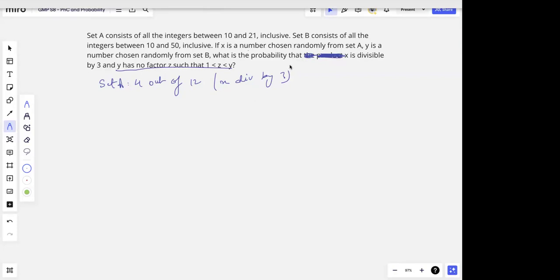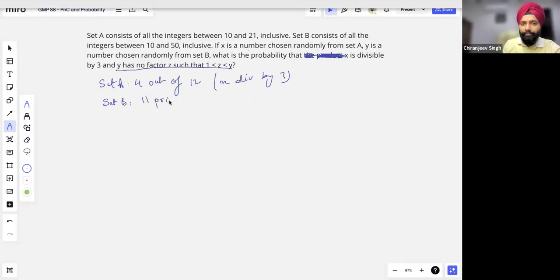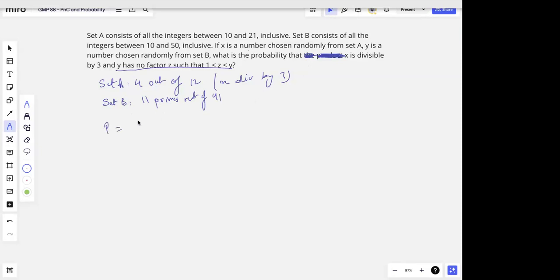Okay, then 4 by 12 into... So there are 11 primes, by the way. Yeah, 11. So 4 by 12 would be from set A, the numbers which are divisible by 3. But from set B, we are supposed to consider only prime numbers. So 11 prime numbers, and none is divisible by 3.